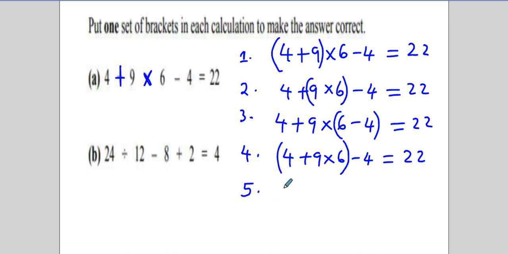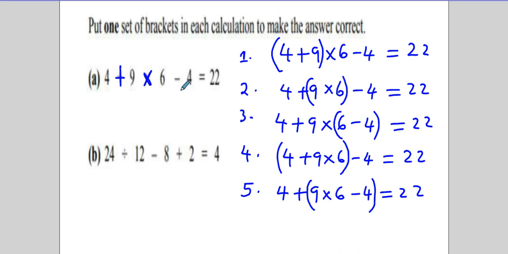Then the next possibility will be 4 plus 9 times 6 minus 4 equals 22. Take the multiplication and subtraction and put them in the brackets. Do we have any other possibility? Let me check.